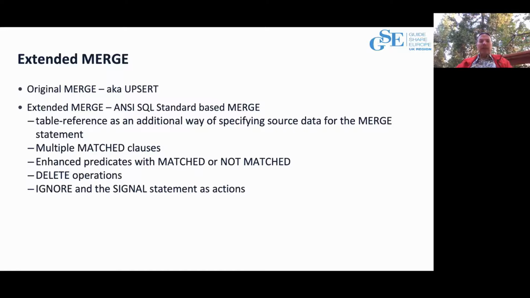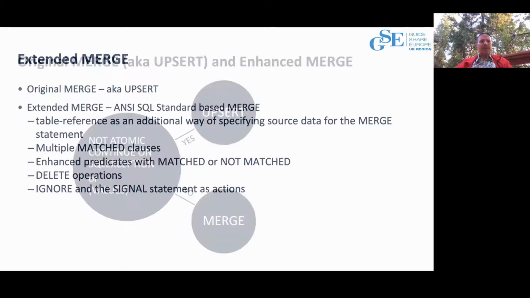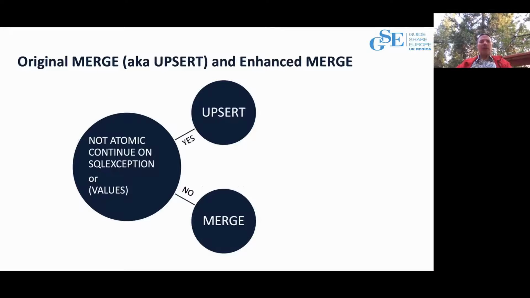So the extended merge in version 12 has a lot of capability. It's also equivalent to the ANSI standard version of merge, which has a little bit different capability. The biggest one is that you're not allowed to reference a row twice, and I'll show you an example of that. So how do you know which one you're using? If you issue the not atomic continue on SQL exception or a value statement, you're using upsert.